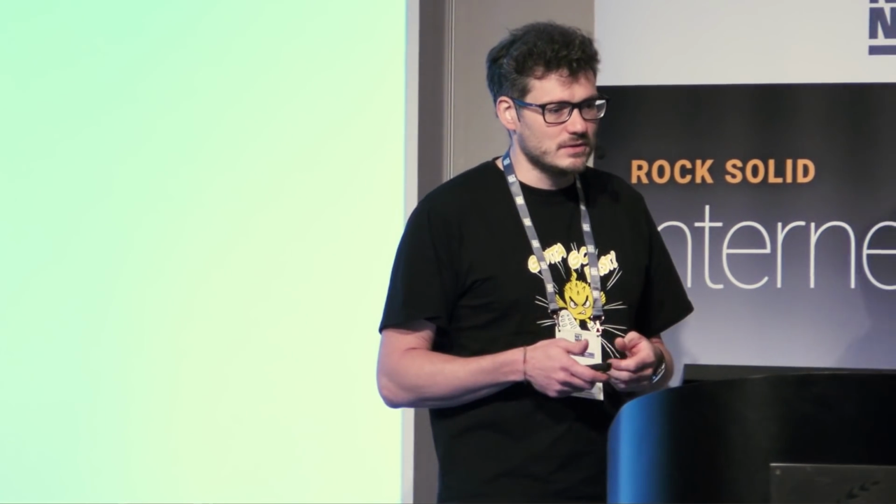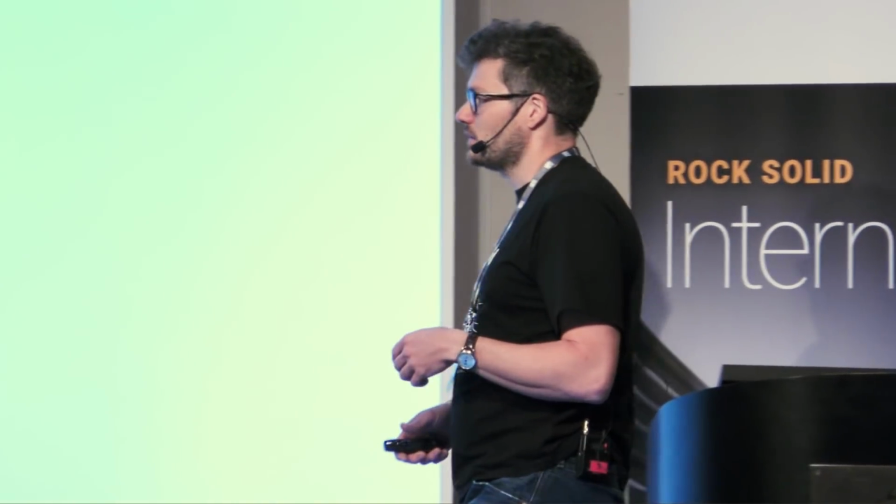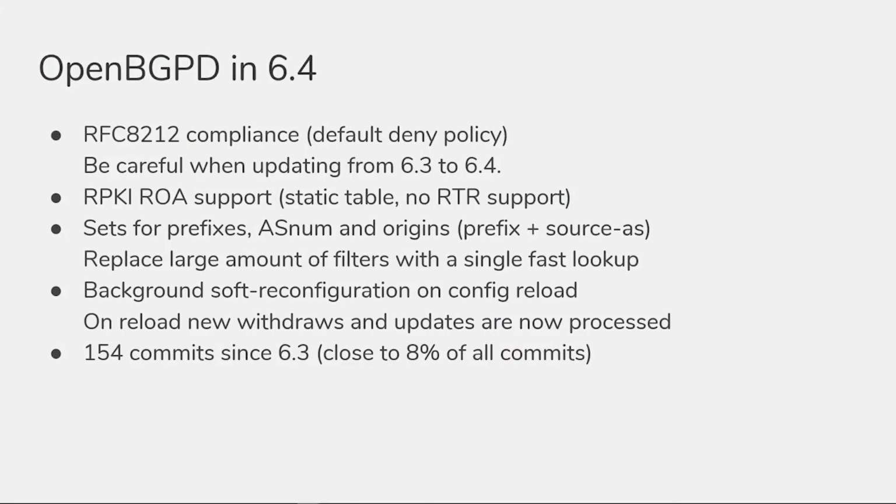The other thing was that I looked a lot at the configuration generated by tools that are out there, like a route server or BGPQ3 that you use to do your IRR-based filters, and looked at what we need to do to make them faster. So one thing that I introduced is what I call sets.